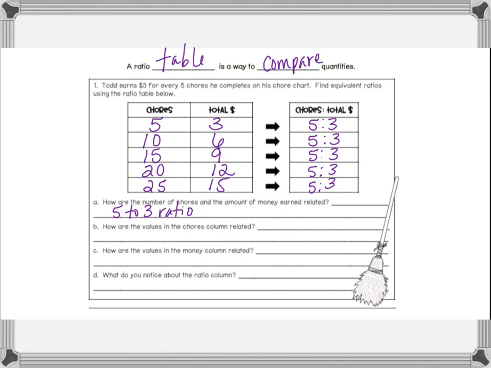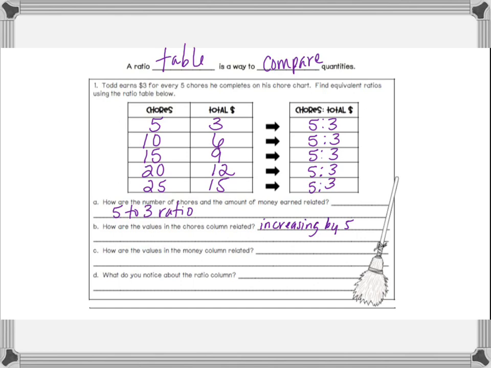If we look at the chore column, so just at this column here, and we think about how those are related, those are increasing by 5 each time as we move down that column.